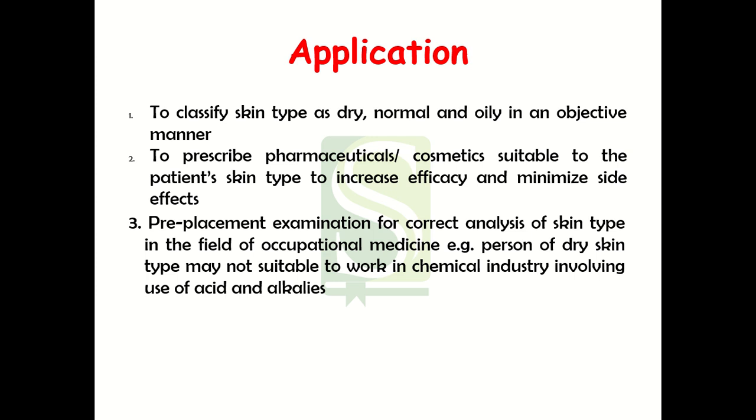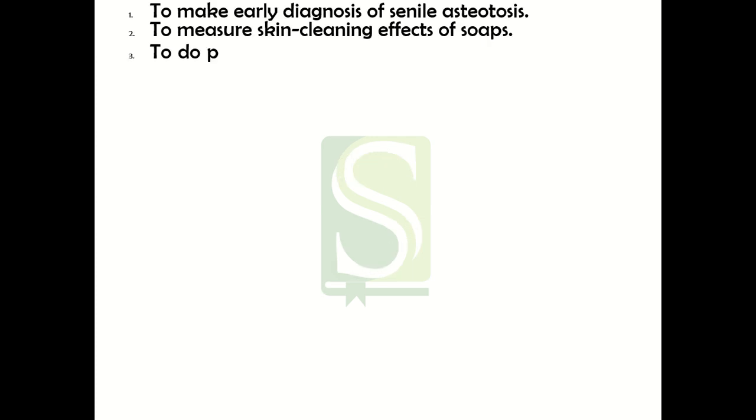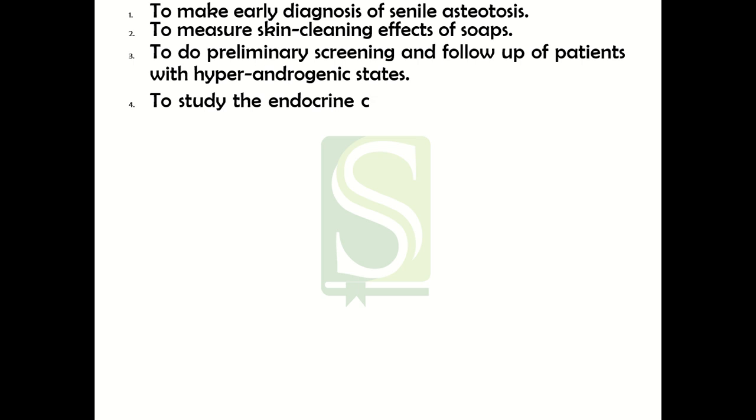Pre-placement examination for correct analysis of skin type in the field of occupational medicine. For example, a person of dry skin type may not be suitable to work in a chemical industry involving use of acids and alkalis. It also helps you to make early diagnosis of senile steatosis.